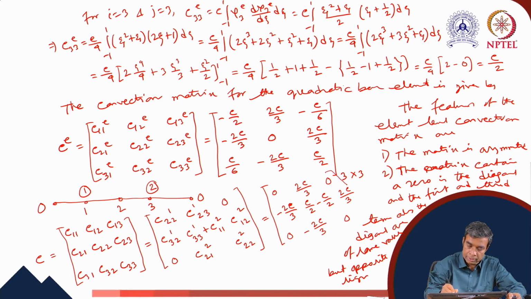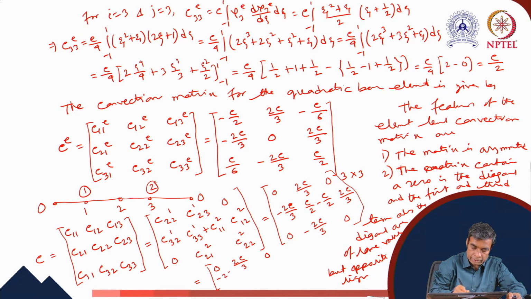So we can finally get the assembled matrix as 0, 2C by 3, 0, minus 2C by 3, 0, 2C by 3, 0, minus 2C by 3, and here also we get 0.